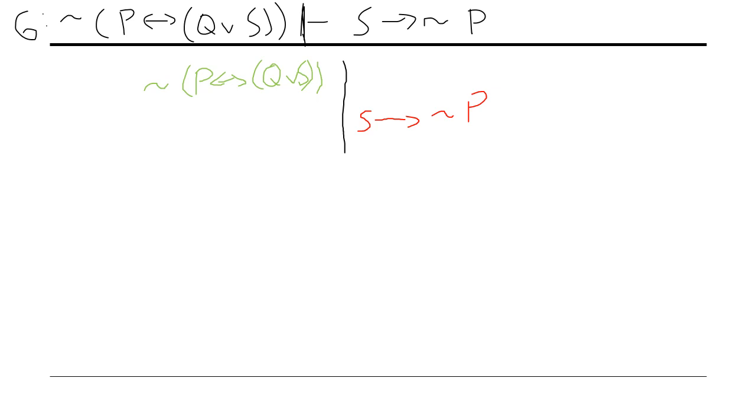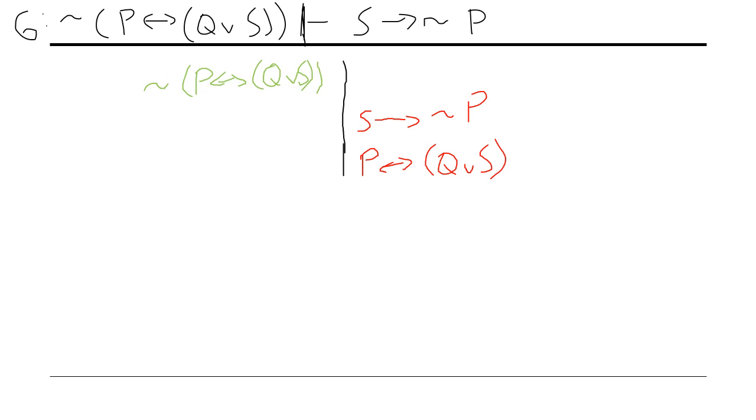And so let's look at the premise first. The main operator there is a tilde because it's in front of everything else. So we'll flip it across. P double arrow Q or S.